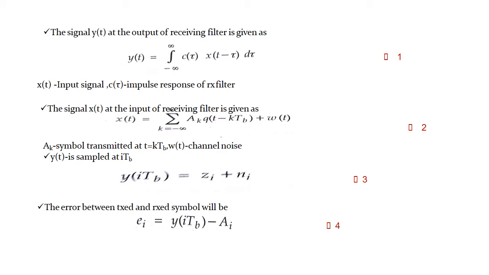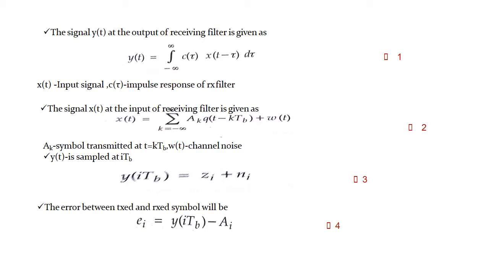The signal x of t at the input of the receiving filter is given as x of t equal to summation k equal to minus infinity to infinity a k q of t minus k t b plus w of t. So a k will be the symbol transmitted at t equal to k t b and w of t will be the channel noise.